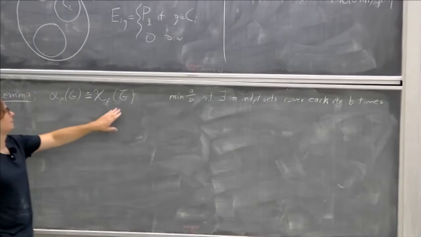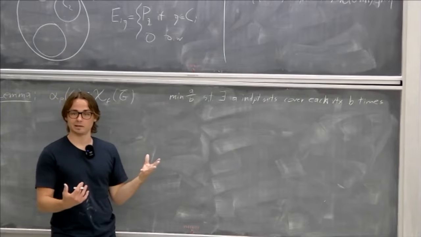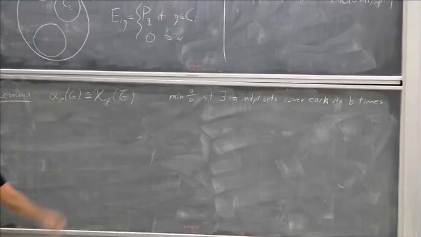Of course, we're looking at the complement, so instead of independent sets, we'd be taking cliques. So what do we get here?